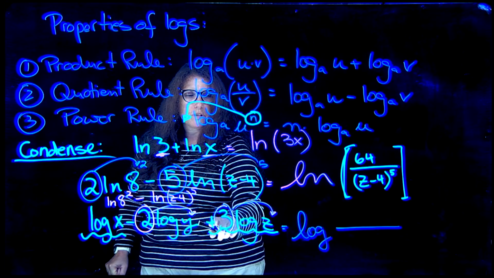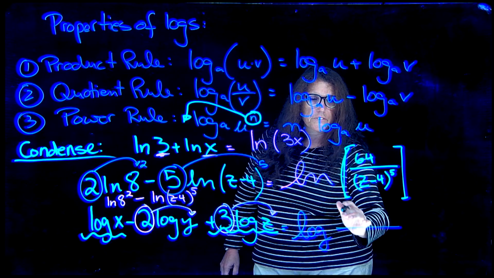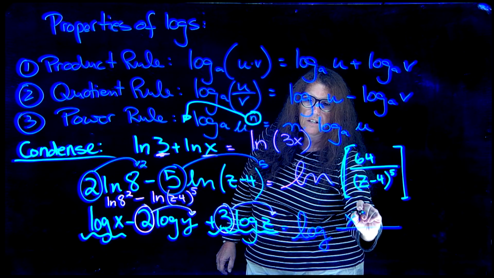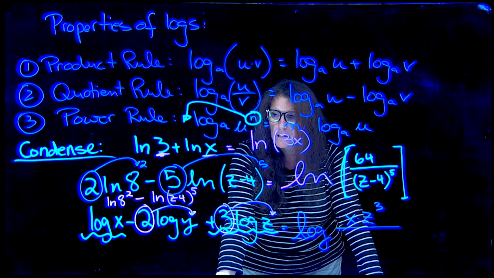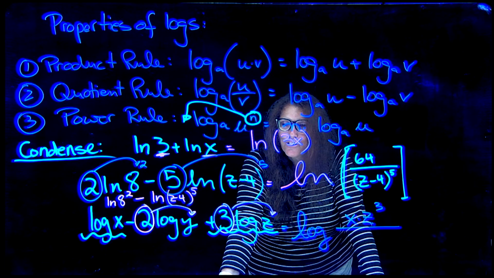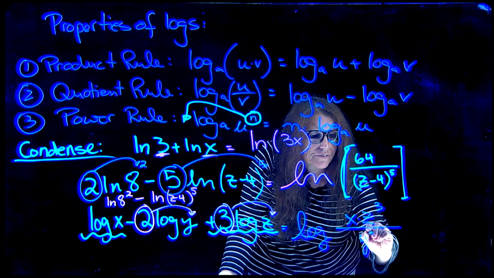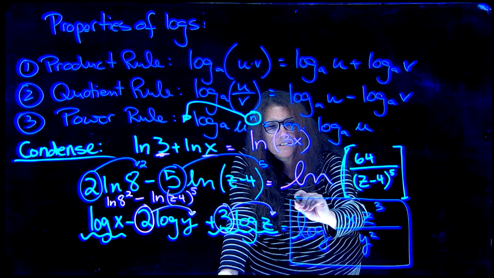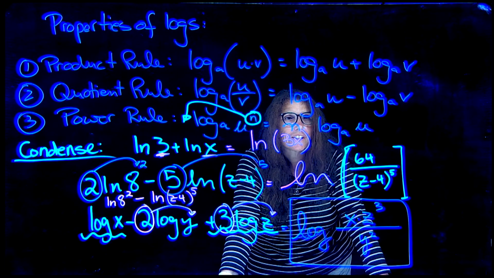Log of x plus 3 log z, I'm using the product rule, that always goes in the numerator: x times z to the 3rd power. I applied the power rule with the 3. The only term that is negative, I know I have to write in the denominator, and this becomes y to the 2nd power. So that's how you condense log or natural log expressions.